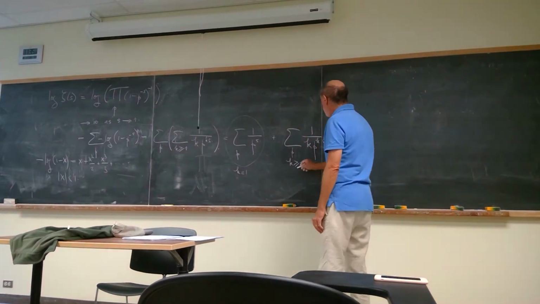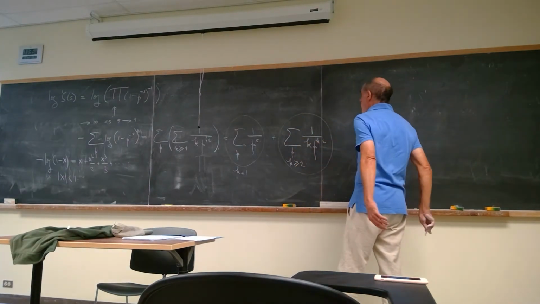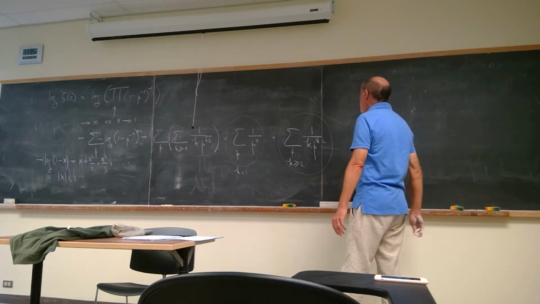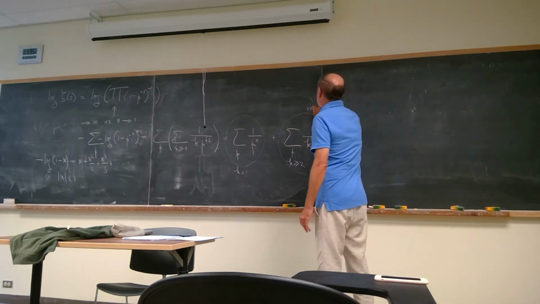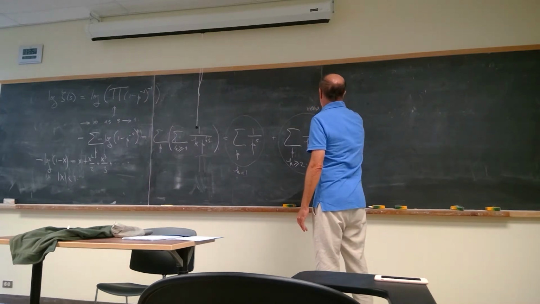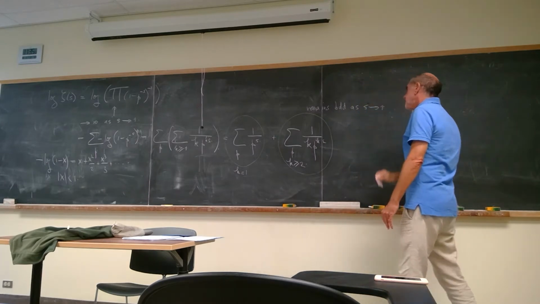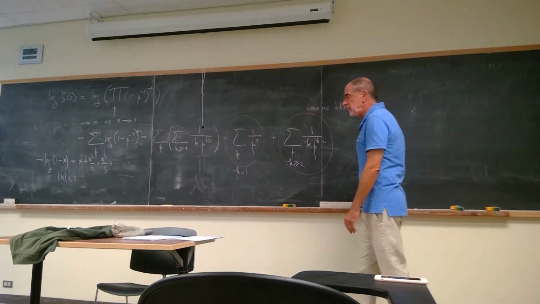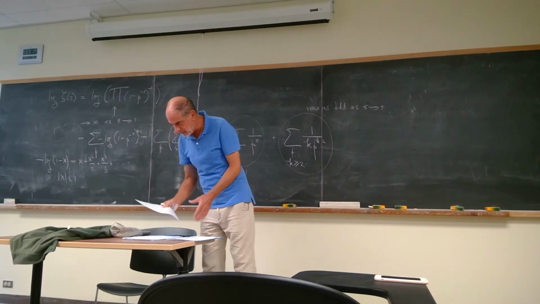So it suffices to show that this series, which is a double sum over primes and k, remains bounded as s goes to 1. And that's what he proves. Okay, and in fact, we're going to show it's less than 1. So let's see how we do this.